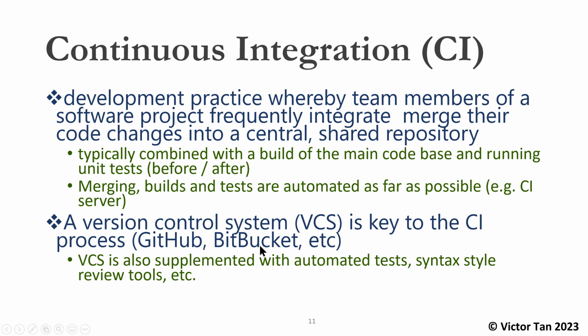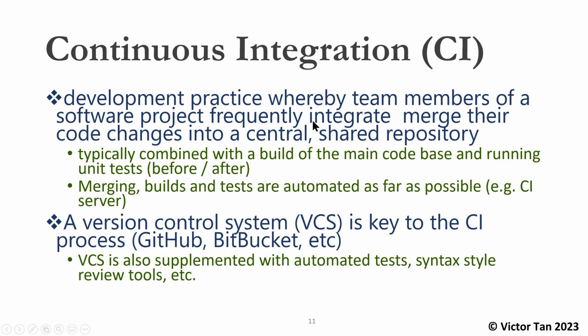Okay, so you have a software team that's going to be using GitHub, Bitbucket, GitLab, any kind of cloud-based version control system, and they are going to have a shared repository that's hosted on that cloud platform, whether it's GitHub or Bitbucket, and this shared repository is basically going to hold the main code base for their project.